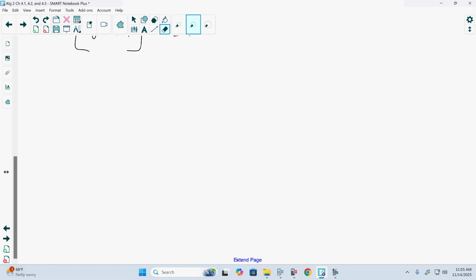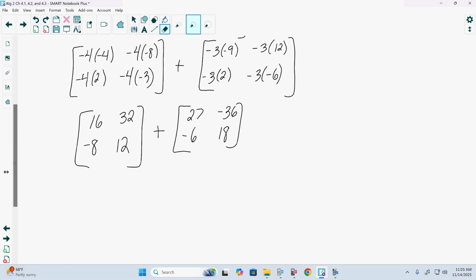So if there was a negative 27, positive 36, positive 6, and negative 8, if we left the negative in the middle, yes. So essentially, it would just switch all the signs of it. But it will end up giving us the same result.